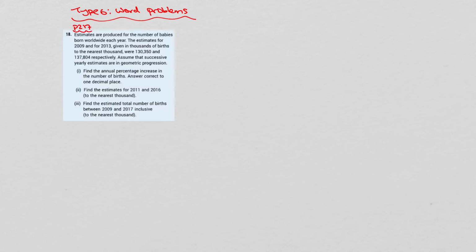Okay, so type 6 then is word problems. If we go to page 217 in your books, we're going to do question 18 as our example. So here we have estimates are produced for the number of babies born worldwide each year.